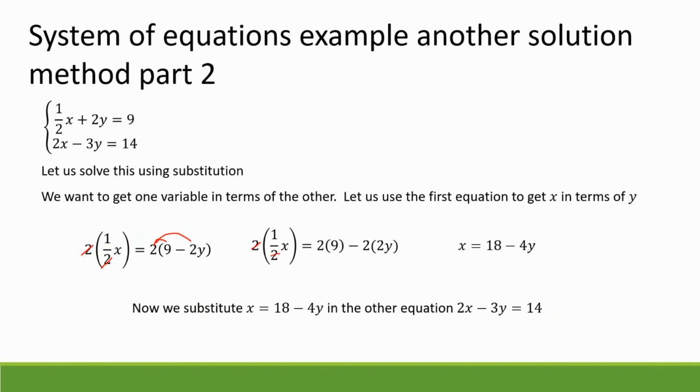These 2's are gone. We get x on the left equals 2 times 9 minus 2 times 2y. So we get x equals 18 minus 4y. So that's what we get here.